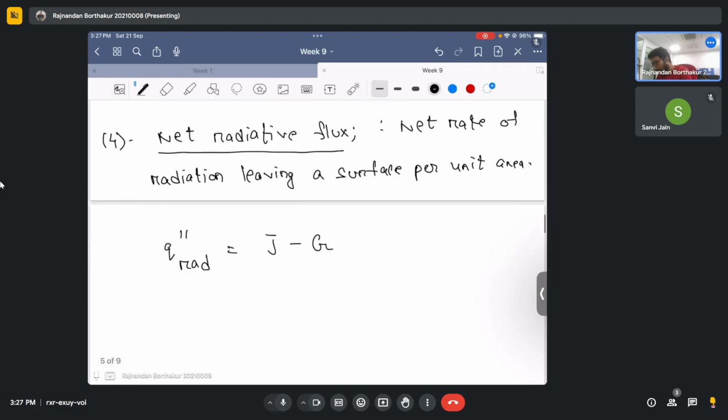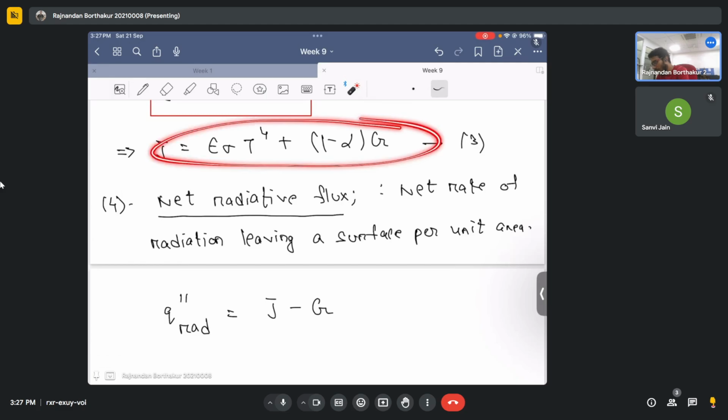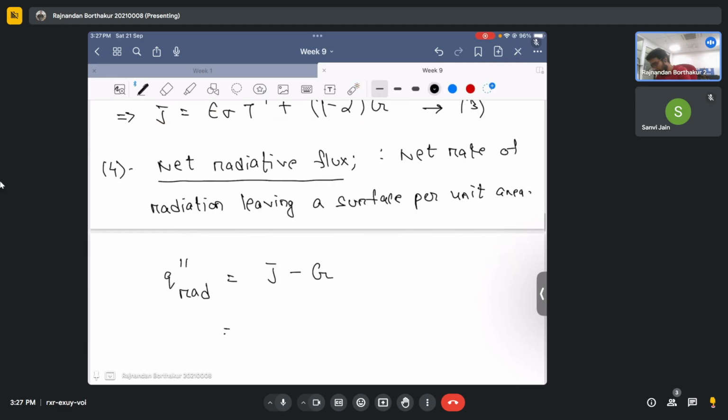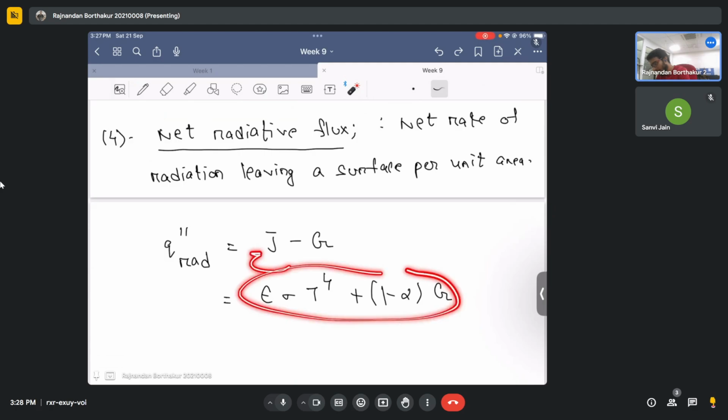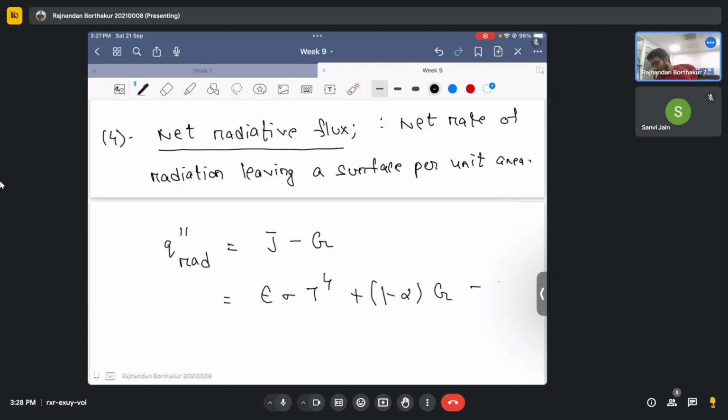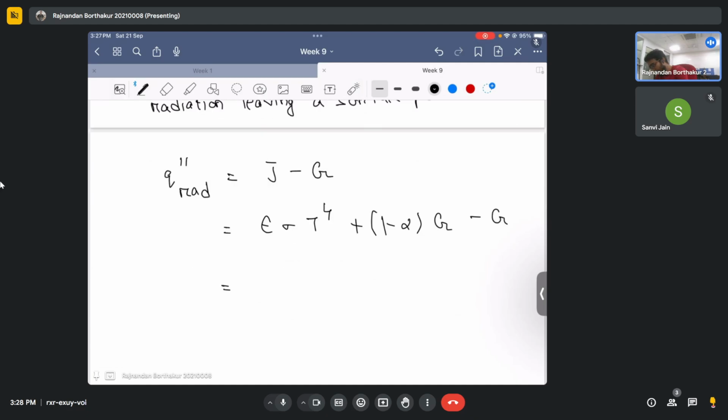Okay. Now, using equation 3, we can simply write down the radiosity as the emissivity times sigma times T raised to the power 4 plus 1 minus alpha times G. This is basically your J. And we have another minus G here, which means I can simplify this Q double prime rad as epsilon sigma T raised to the power 4 plus G minus alpha G minus G, and the G's will cancel.